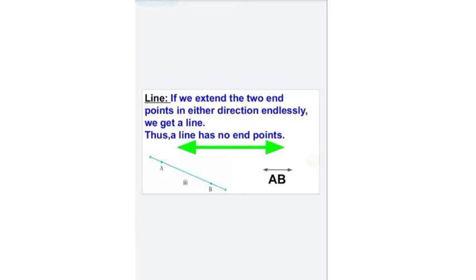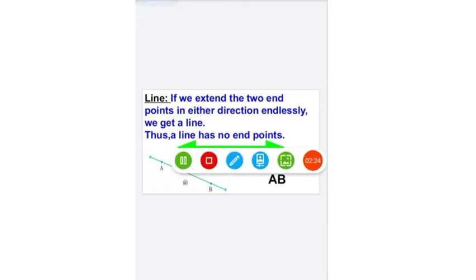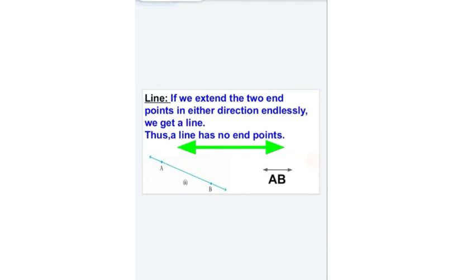Now we all know that a line segment has two endpoints, but in the case of a line, both ends can be extended. That is why we have arrows on both ends. An arrow represents that we can extend it endlessly.